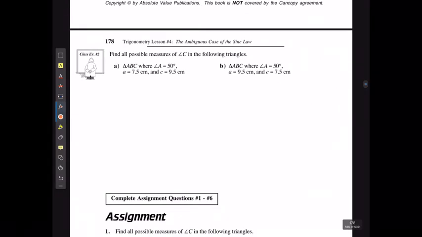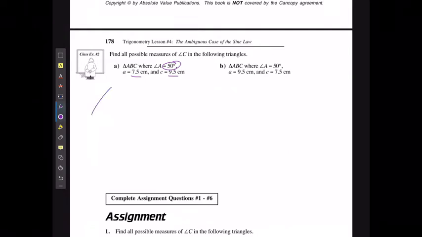So if I take a look at how this fits in here, find all the possible measures of angle C in the following triangles. For triangle ABC, angle A is 50 degrees, side length a is 7.5, side length c is 9.5.